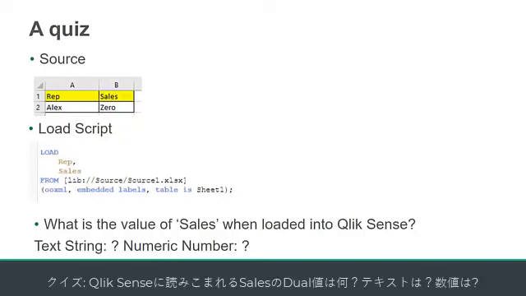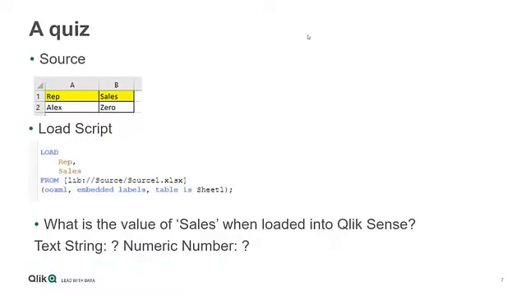Then we load these two fields into QuickSense. My question here is, what is the value of sales when loaded into QuickSense? It's a dual value. So what's the text string, and what is the numeric number?